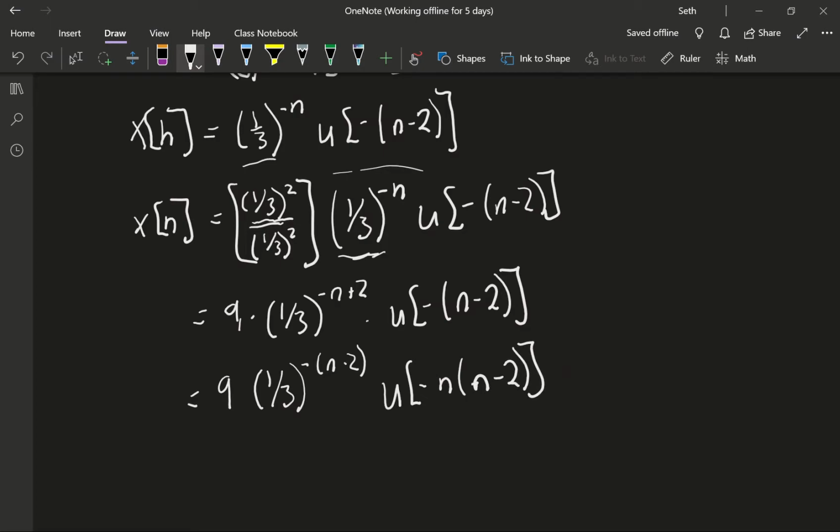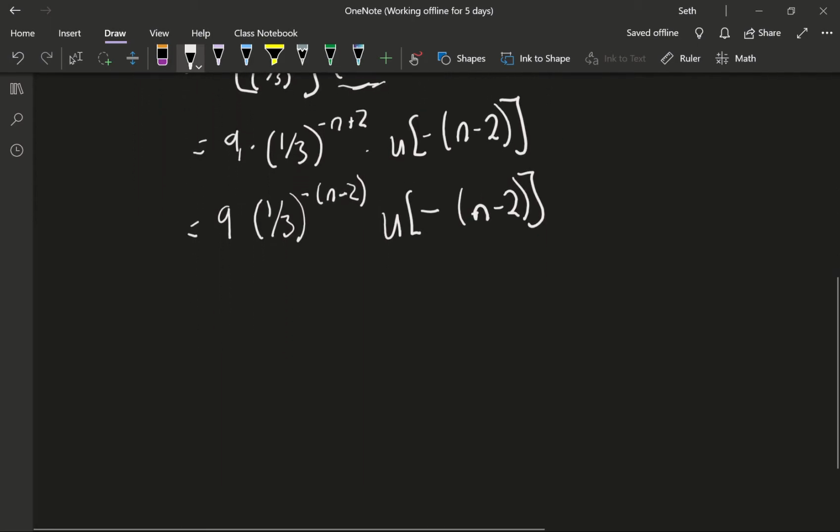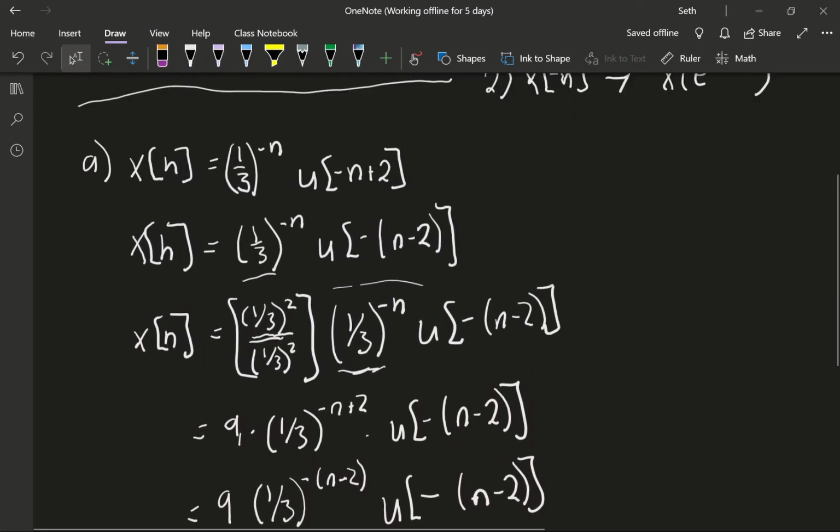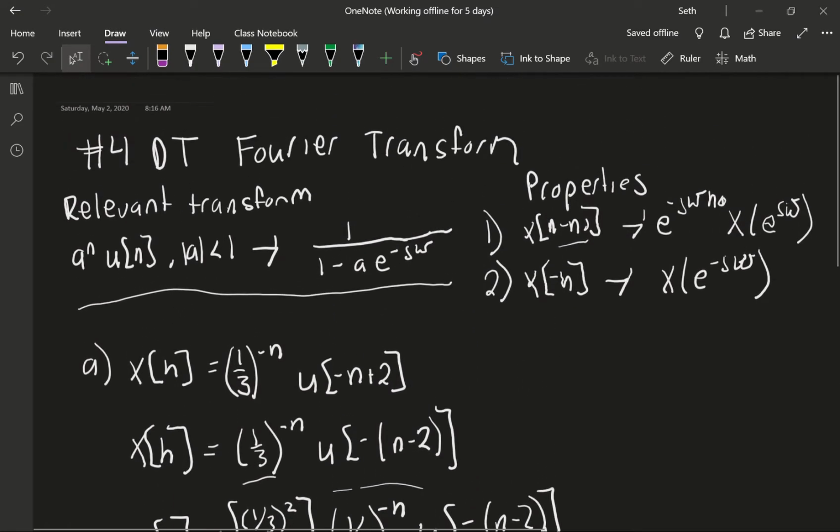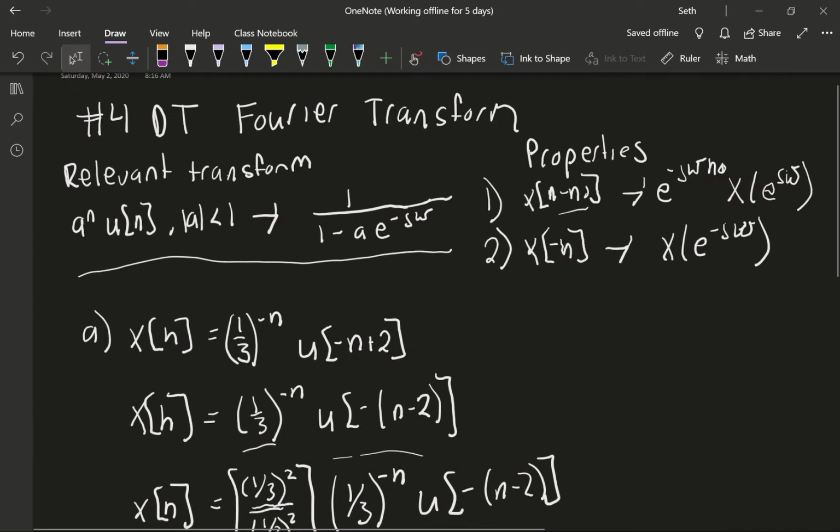Okay, now we have the same shift in all areas of the function, and we even have the same time reversal, so that looks uniform. So let's go ahead and apply the transform. We're going to do this in steps.